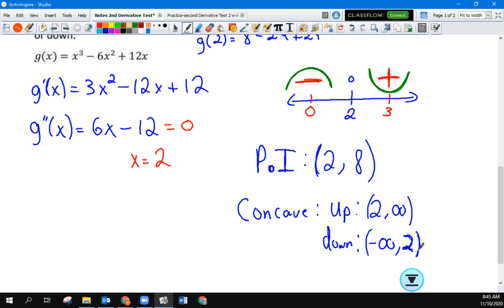So you can see, basically, the second derivative test is identical to the first derivative test in structure, method, and practice. Okay, the only difference is it tells us different information about our original function, where the first derivative gives us increasing, decreasing, and critical points, maximums and minimums. The second derivative gives us concavity and points of inflection.